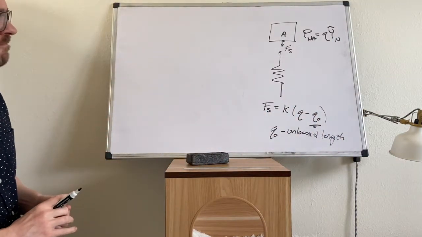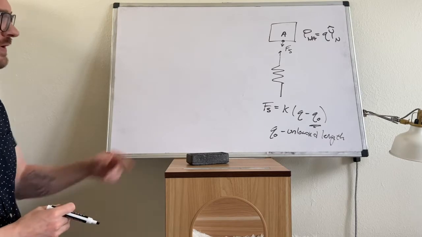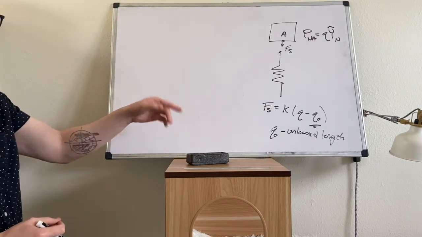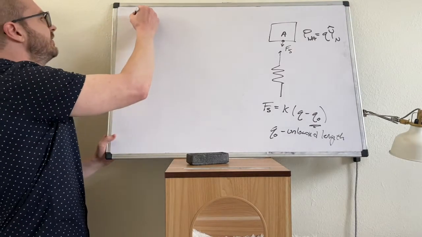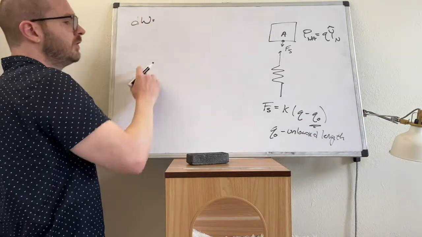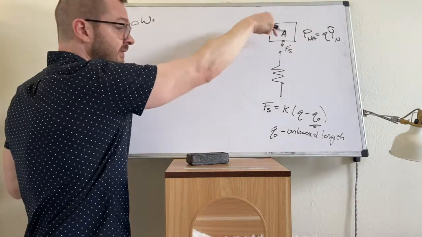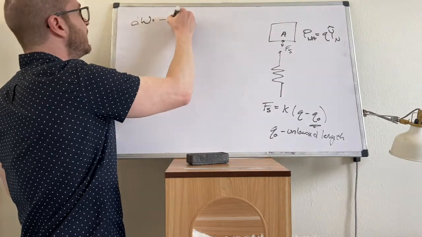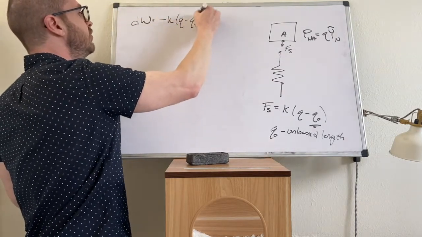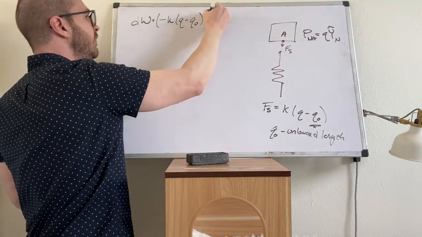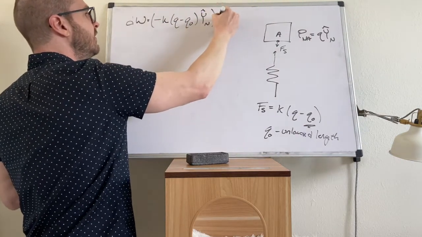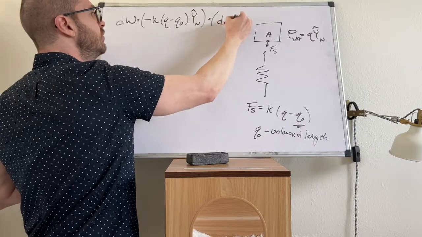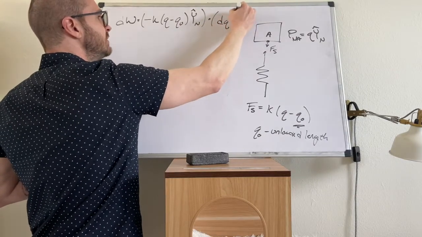Okay, so what changes? We just have to take that force and put that into the work expression. So dW is going to equal, again, the force is acting down, so I'm going to go ahead and write this as negative k (q minus q naught) in the y hat direction, dotted with dq in the y hat direction.